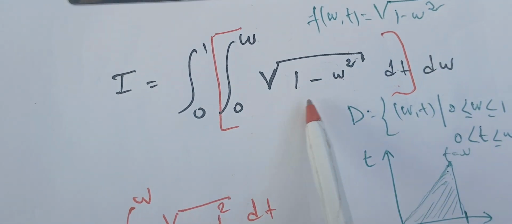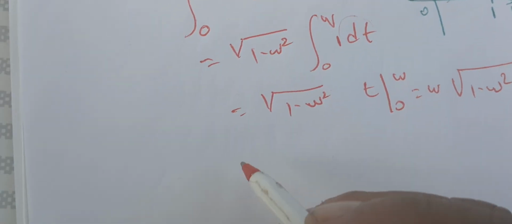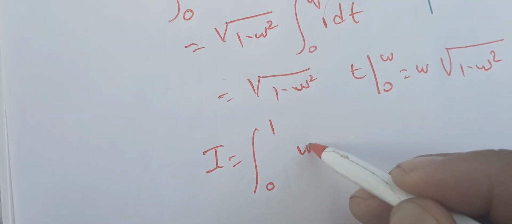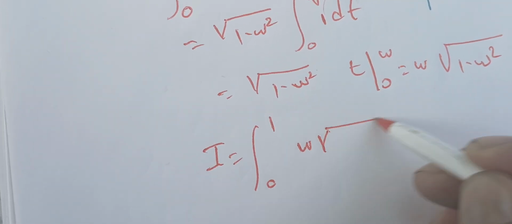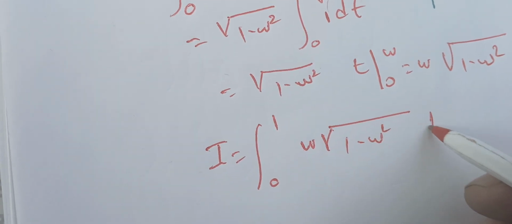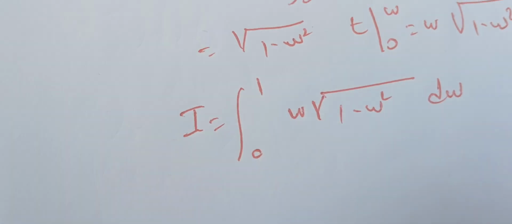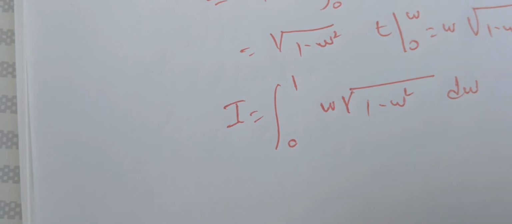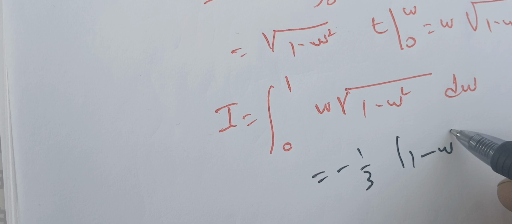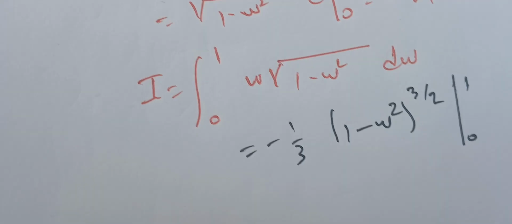Now this is its value here. If we bring down the integral, we have to integrate between 0 and 1 omega times the square root of 1 minus omega squared d omega, and this is something familiar that we know. I think this is minus 1 over 3 times 1 minus omega squared to the power 3 over 2, between 0 and 1.